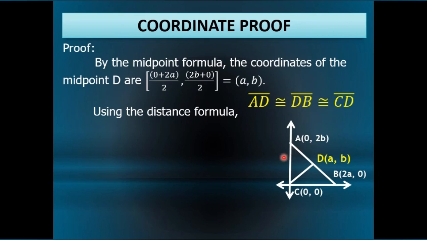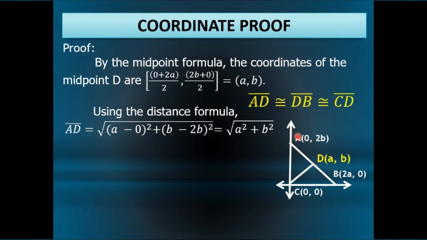Therefore, we need to show that the lengths of line segment AD, line segment DB, and line segment CD are equal. So let us use first the line segment AD. So we have here a minus 0 squared plus b minus 2b squared. Getting its square root, we simplify this.